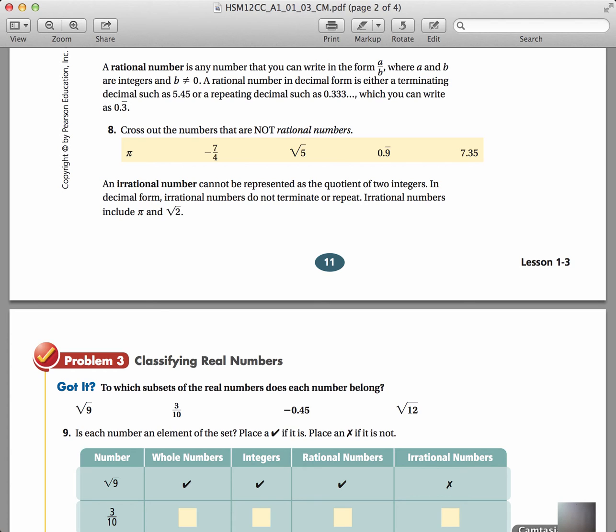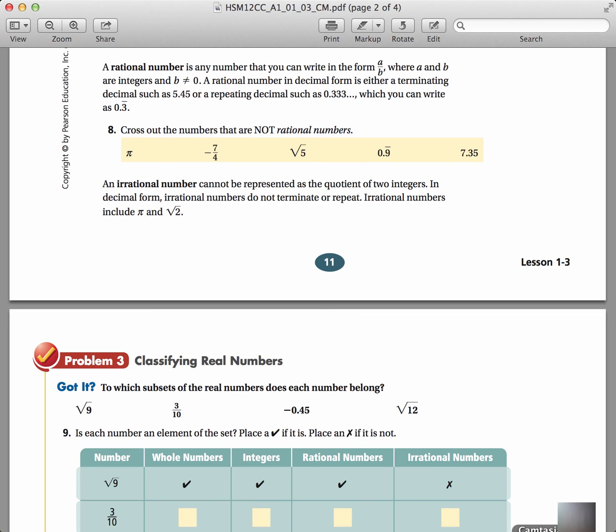What is negative 7/4? Take your calculator out and go 7 divided by 4. Is that a repeating number? No. It's 1.75, and with a negative in front of it means it's negative 1.75. Is that a rational number? Yes, it is.